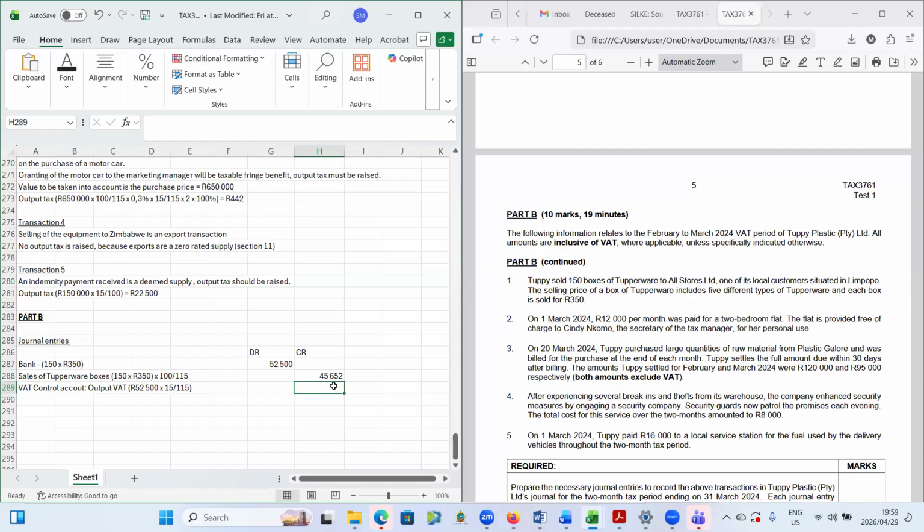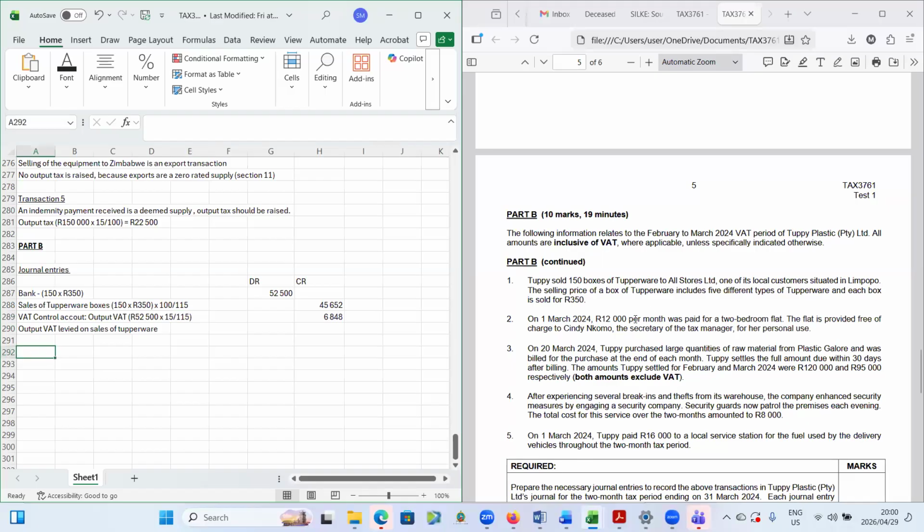I'm getting 6,848. Yes, 6,848. So if you add these two together, you get 52,500, and the debit side and the credit side balance. Then you write the note: output tax levied on sales of Tupperware. Then you are done.